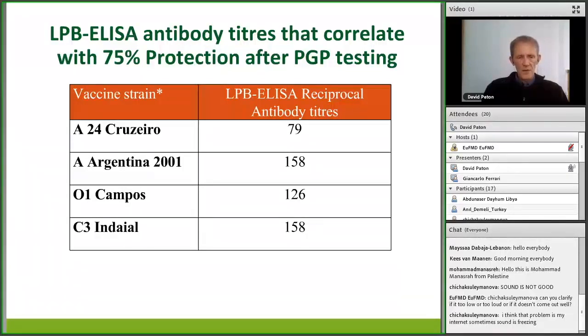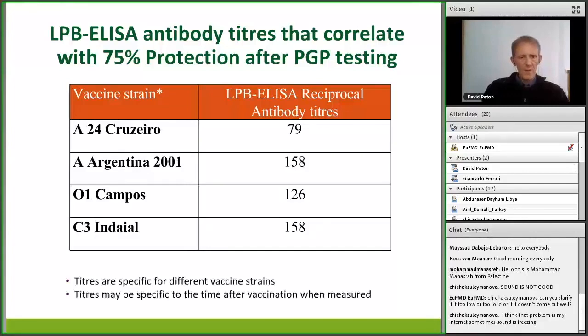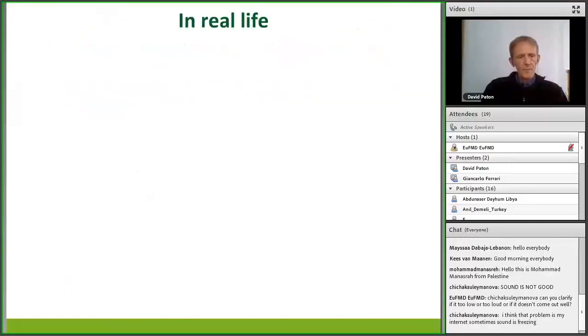So again, you can see it's not always the same for different strains. It says here at the bottom, titers are specific for different vaccine strains, and titers may be specific to the time after vaccination, which we have already mentioned.